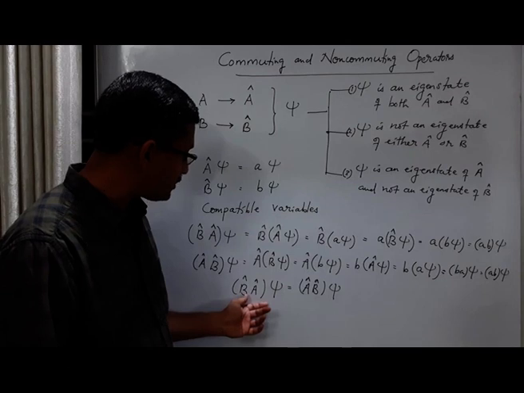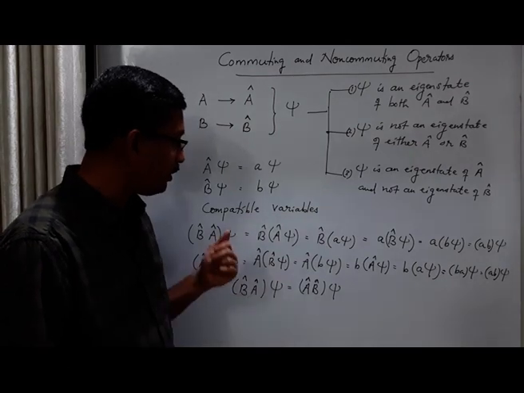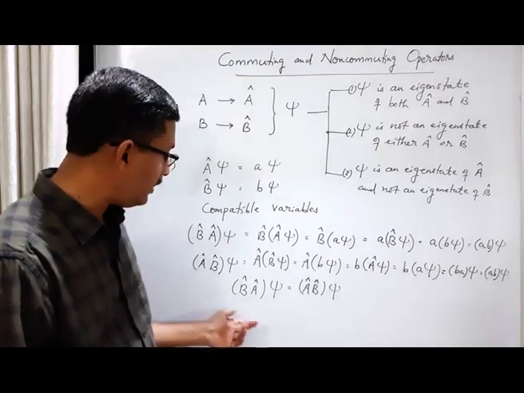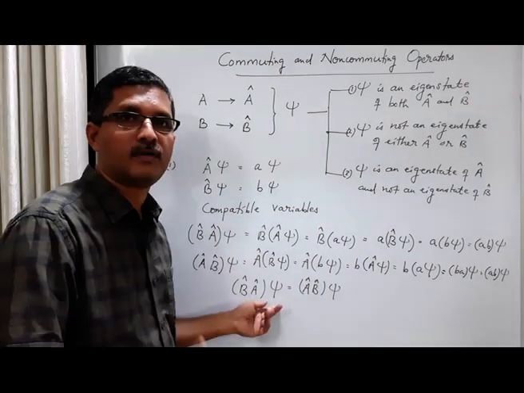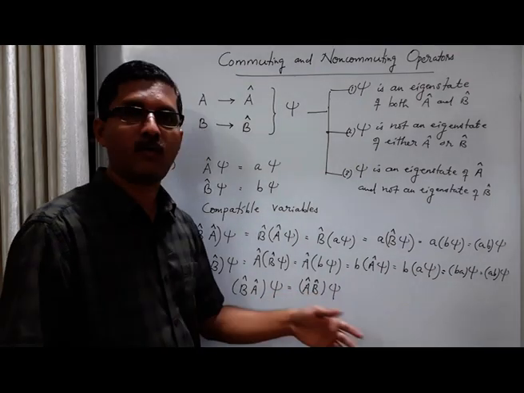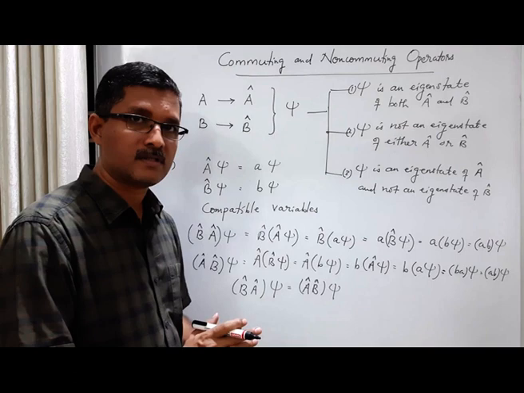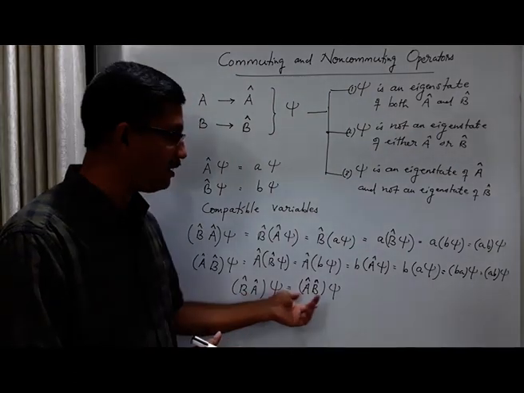We can write BA equal to AB only if psi is any general state of the system. If BA acting on a general state of the system equals AB acting on any general state of the system, then we can conclude that BA equals AB.